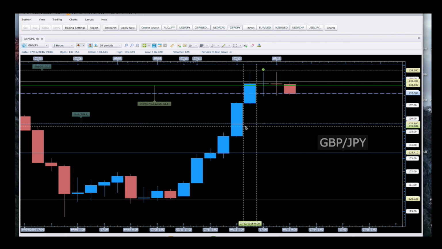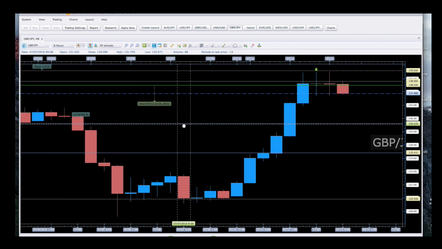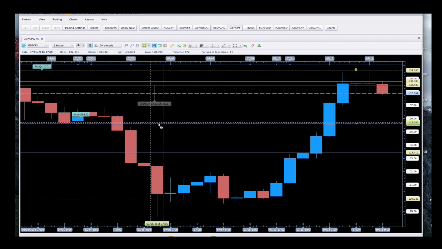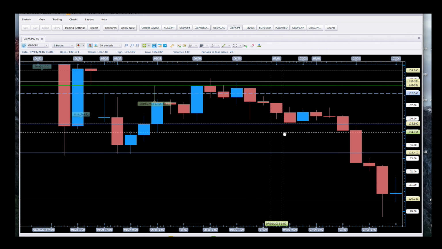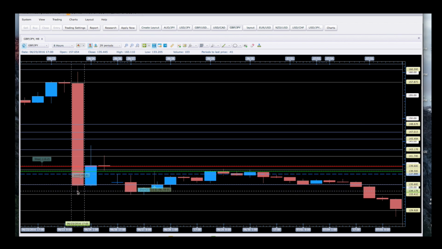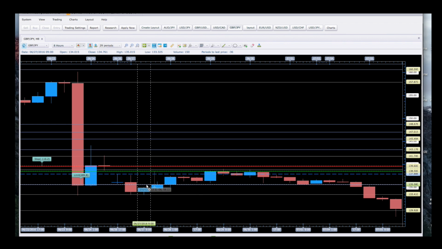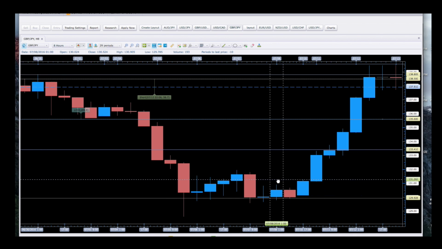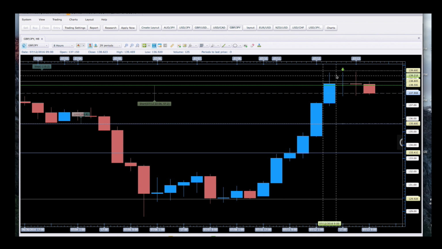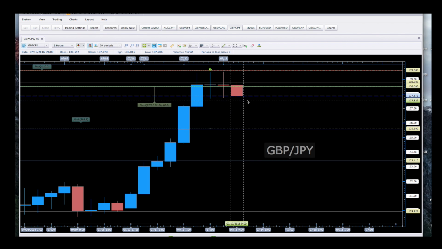Like I said, this limit is based off of, I think, decent support right around in here. It's tested before, right around where that Brexit news was. It dropped, it came back up, it dipped back down here, tested, came back up, tested again, dipped back down here, and just shot straight up.